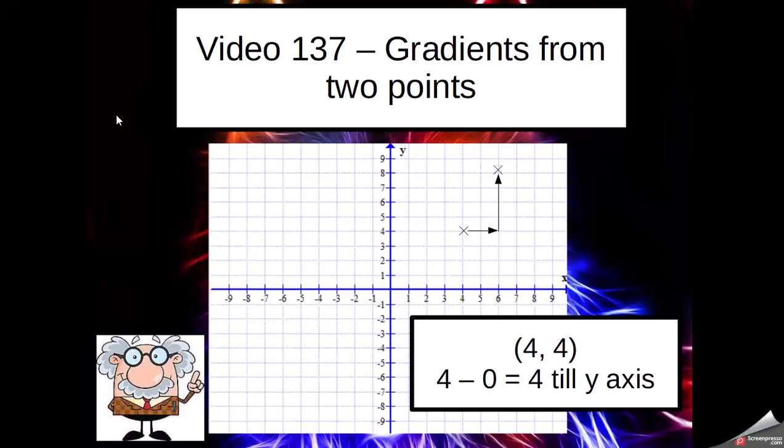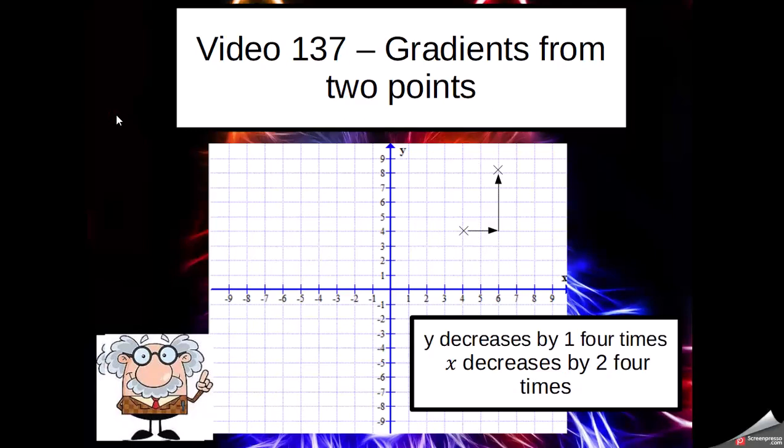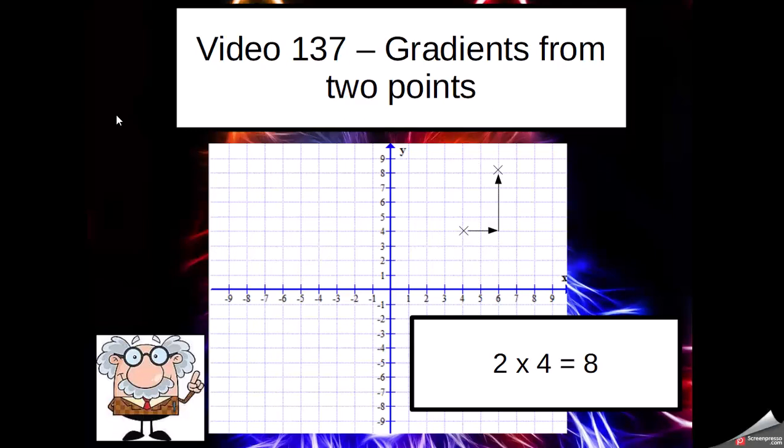So it's 4 units of x until the y-axis. And remember that the gradient is 2, so for every x, y goes up 2. We can then do 4 times 2 to give us the answer of 8.